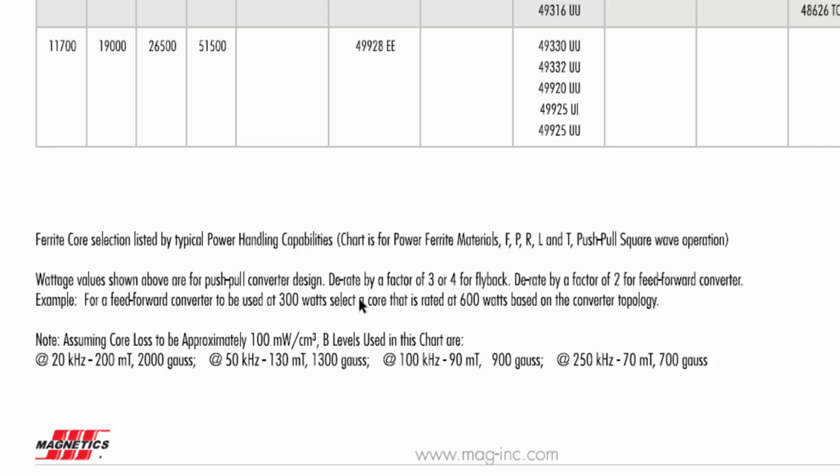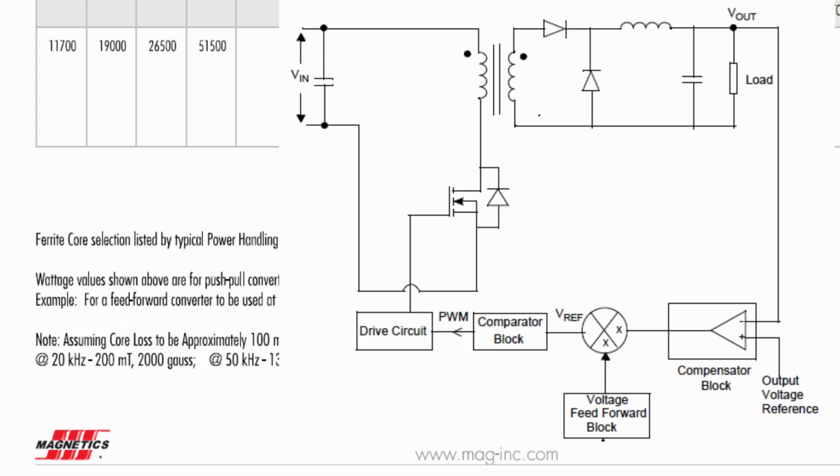And if you want to use it in flyback, you have to derate by 3 or 4, or derate by a factor of 2 for a feed forward converter. So if I want to use a core at 300 watt, I have to select 600 watt.